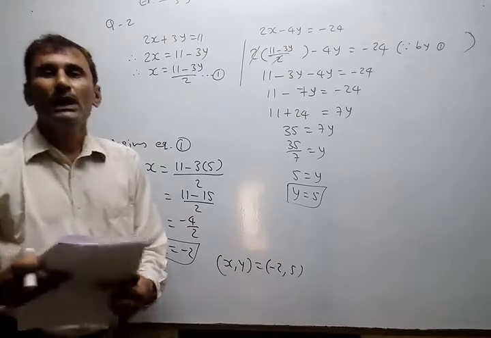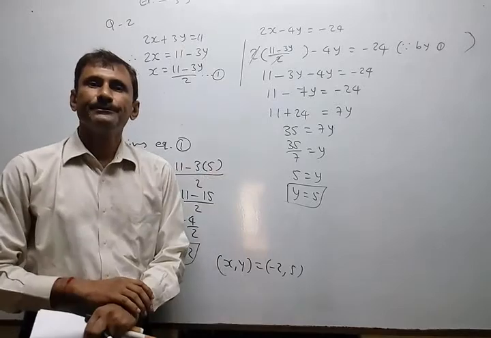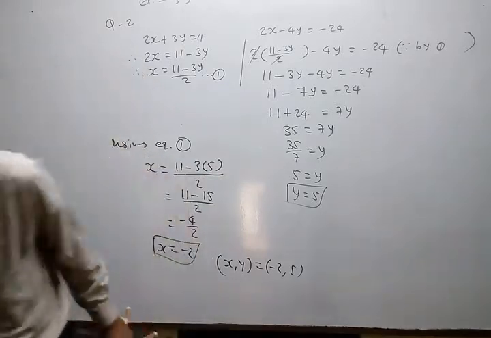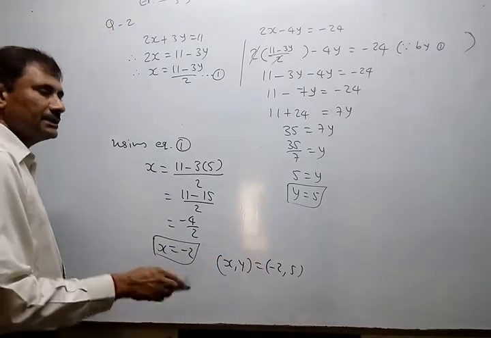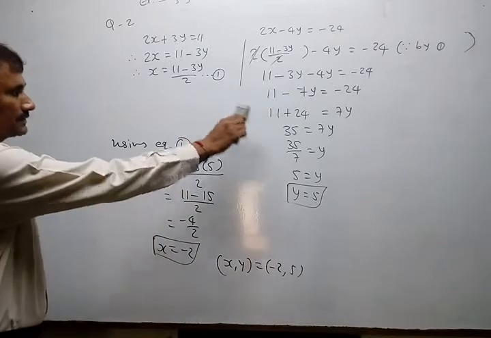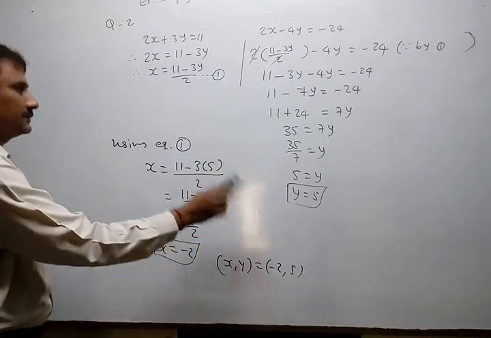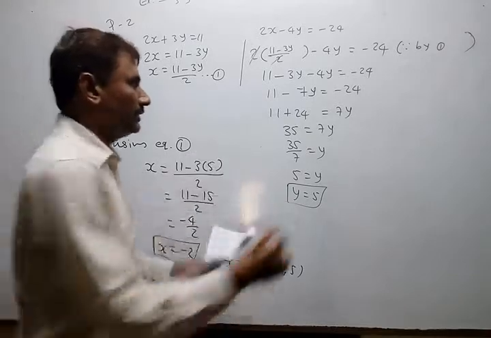We have to place both these values in the third equation, and after placing them in the third equation, you have to find m. So that is not new, it was repeating only. I am using both values in the third equation.